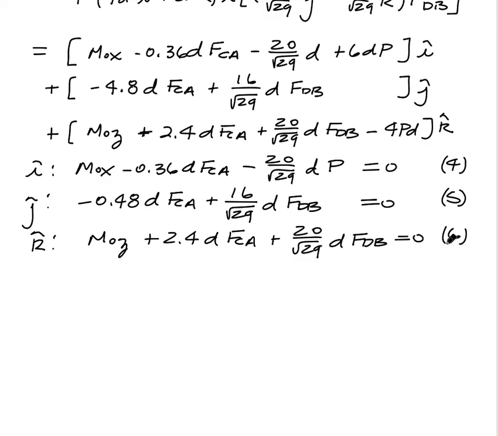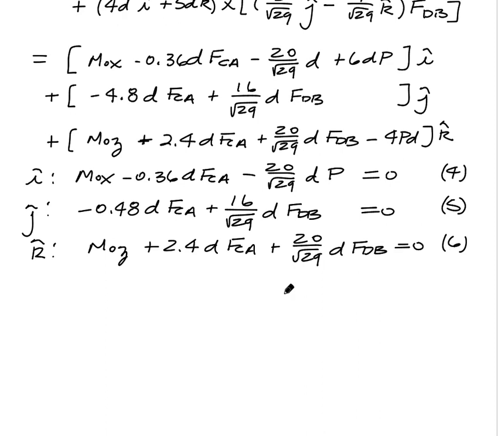Let's look to see what we've got. Equations 4, 5, and 6. 4 has two unknowns, 5 has two unknowns, and 6 has three unknowns.